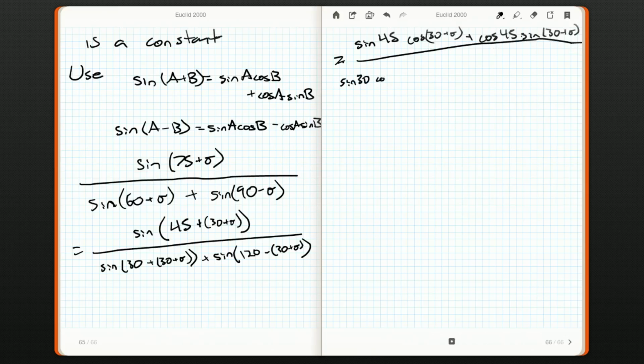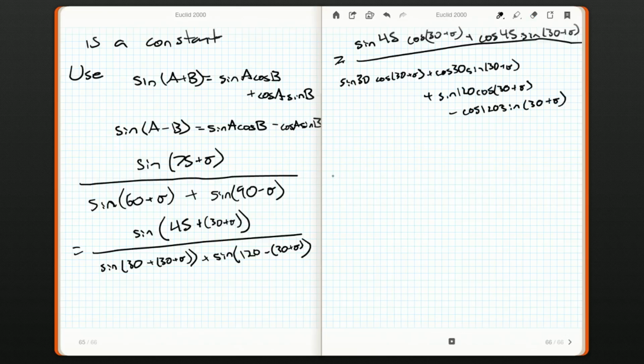Sine 30 cos 30 plus sigma plus sine plus cos 30 sine 30 plus sigma plus sine 120 cos 30 plus sigma minus cos 120 sine 30 plus sigma.